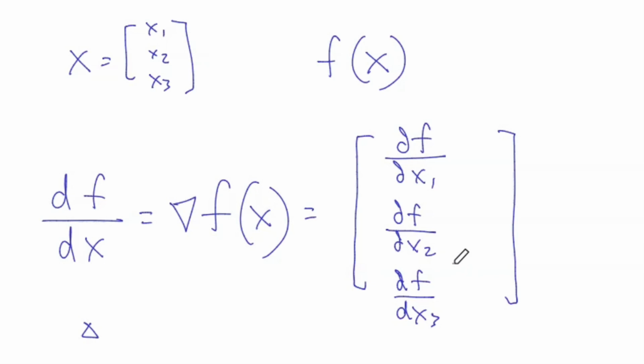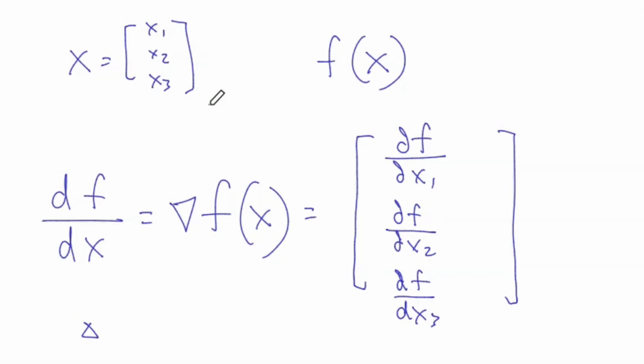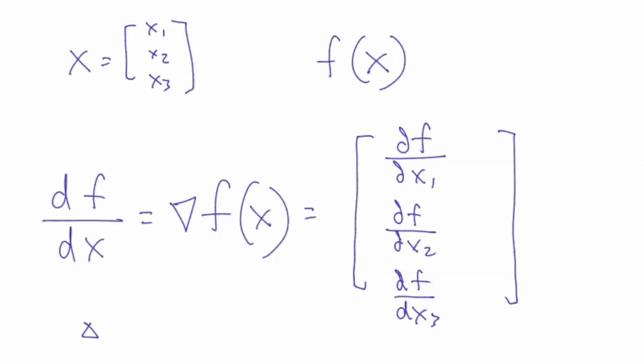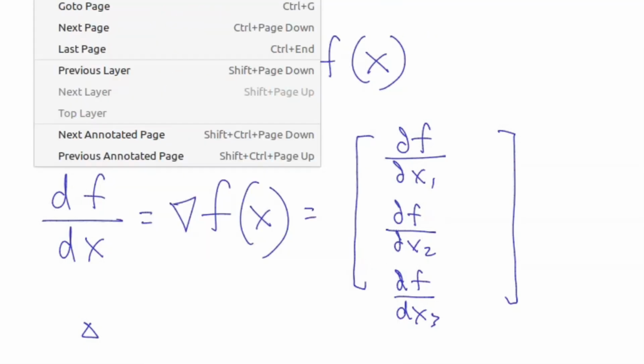This is the gradient, and the other one, which we call the Hessian. The Hessian is the gradient of the gradient. Let's continue from here.